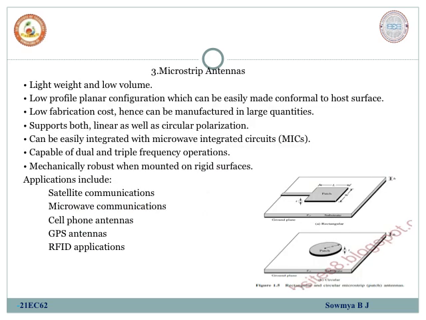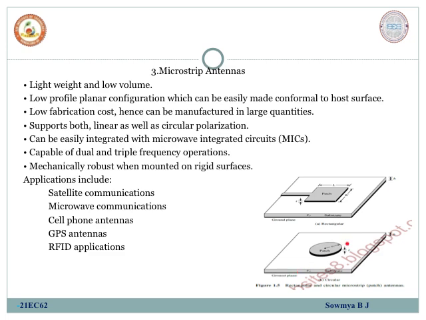Next, we have microstrip antennas. In the microstrip antennas, we can have the rectangular microstrip antenna or the circular microstrip antenna. The metallic part is present on the substrate, and on the other side we have a ground plane.